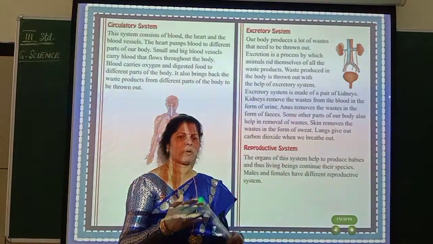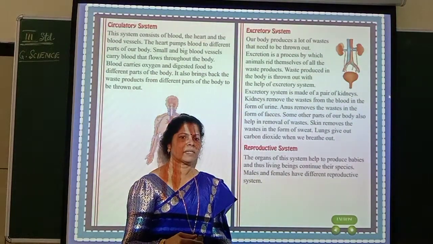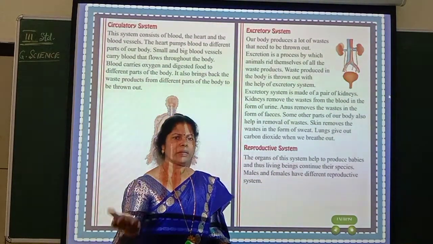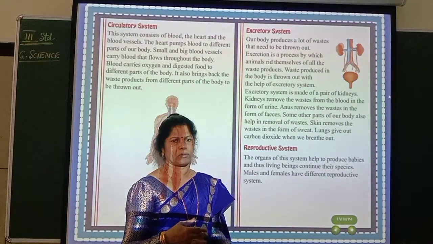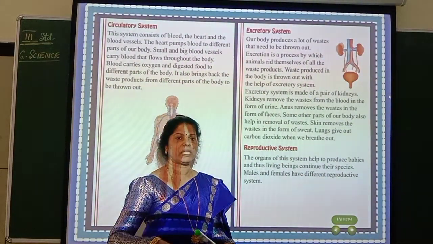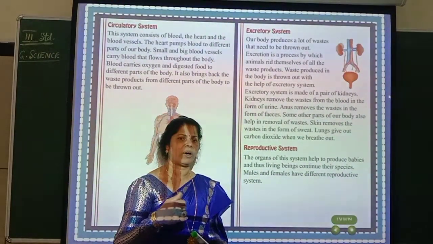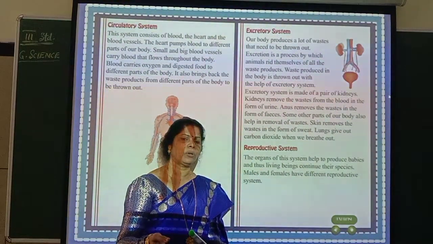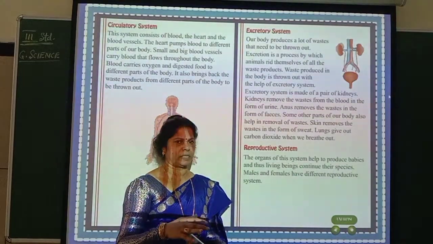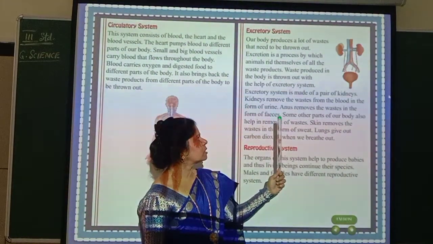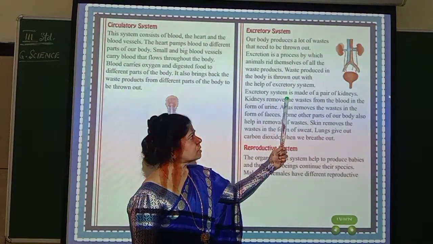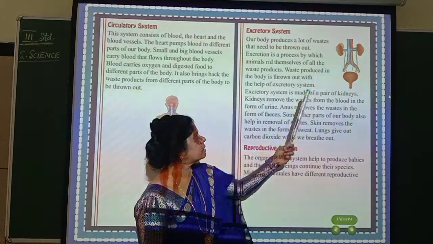Sweat will be produced from our body. Have you observed that? Yes. So whether it is sweat or urine, what is thrown out? The waste materials, especially the waste salts produced in our body, will be coming out through urine or sweat. Understood?